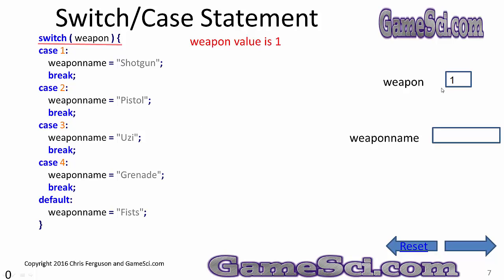So with a weapon value of 1 and tracing this code, case 1 matches weapon. Weapon has the value of 1, so weapon matches case 1. When we have a match between the weapon and the case, I will select that code to execute. Since we had a match, I will go inside the case 1 code and execute weaponName equals shotgun.